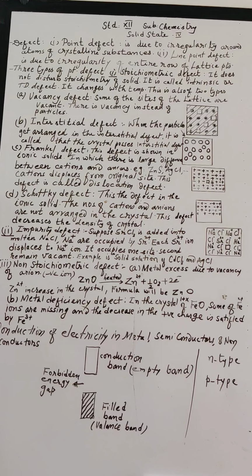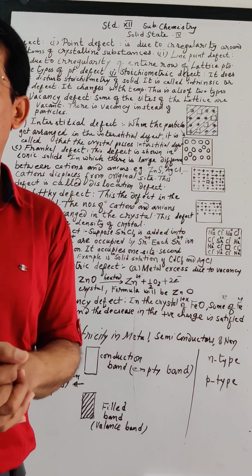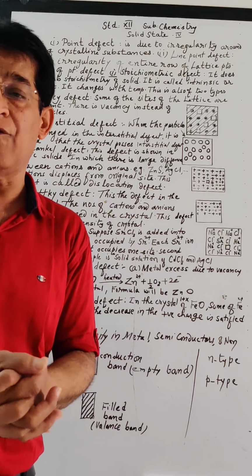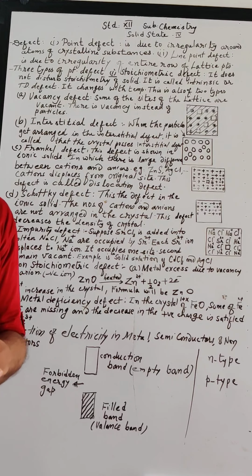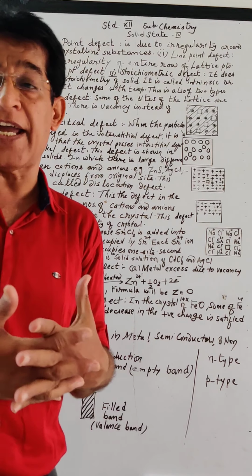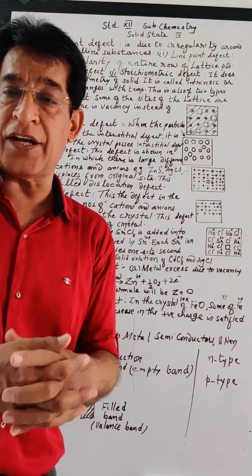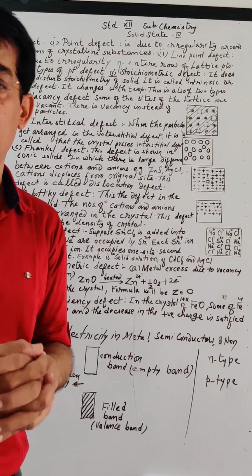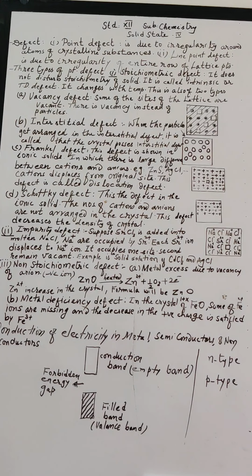FeO is in the form of Fe0.95O. In fact, it is in the range of Fe0.93O to Fe0.96O. In the crystal of FeO, some of the Fe2+ ions are missing and the decrease in positive charge is satisfied by Fe3+ ions.